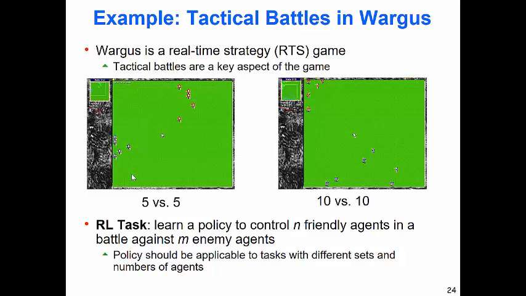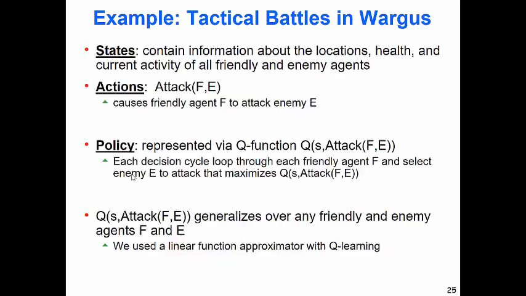Let's see how we might try to do this using Q-learning and linear function approximation. What we're going to do is have the states contain all the information about the units: what are their positions, what's the health of the units?